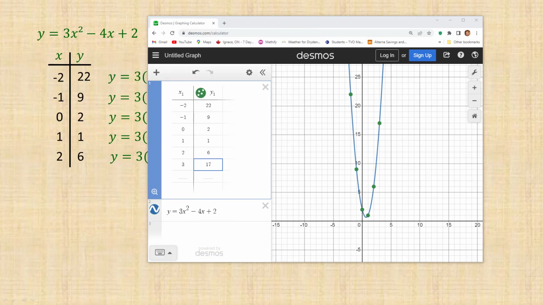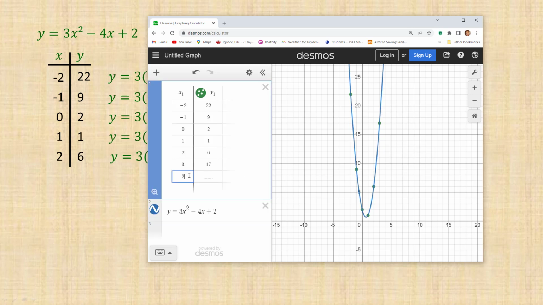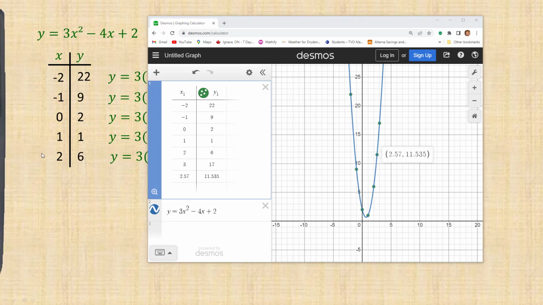And we could take some sort of random point in the middle here, like 2.57, 11.535. So 2.57, and the y value is 11.535. Okay, that certainly looks like that point right there. So let's try it in the calculator.